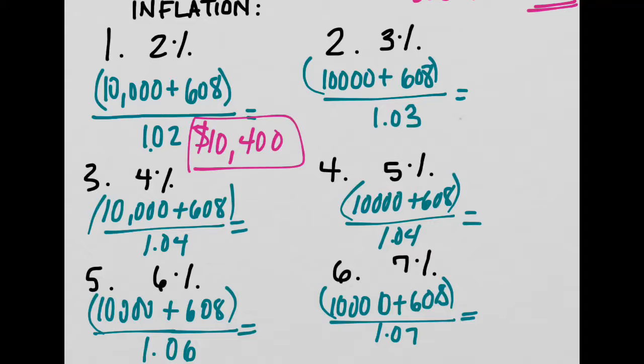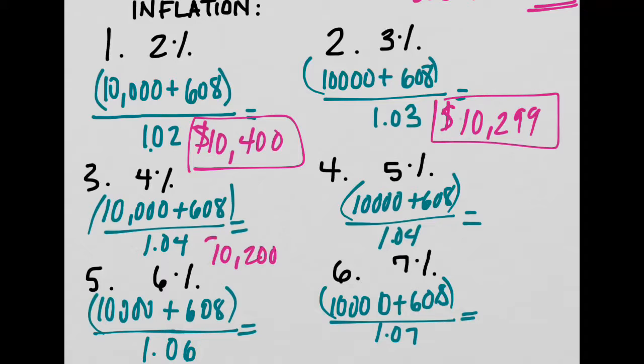Okay, so if that inflation rate goes up to 3%, we are going to have a smaller amount, right? If the inflation is bigger, your money is worth a little bit less. So $10,299 is what you should have gotten for number 2. If the inflation rate's 4%, then we are going to make $10,200 approximately.